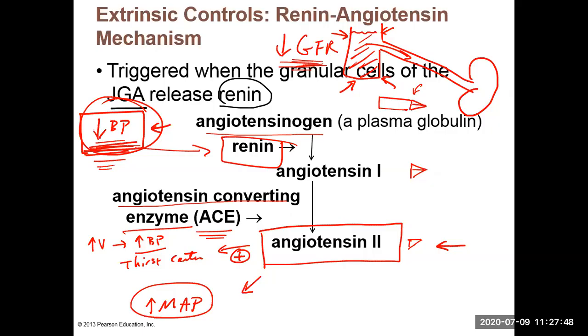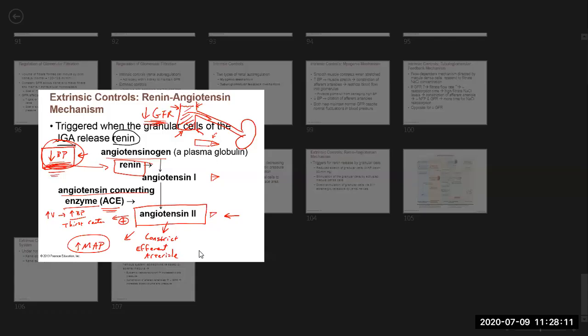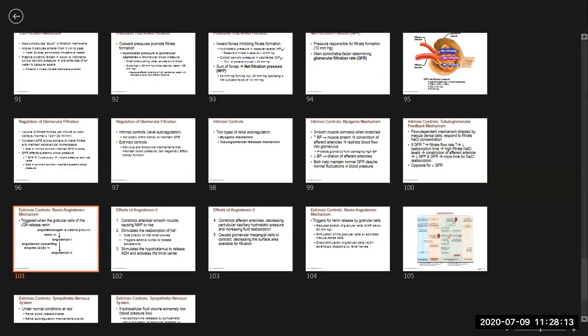All right, what now? Angiotensin 2 is also a vasoconstrictor, so it's going to constrict the efferent arteriole. Where is the efferent arteriole? Let's go ahead and take a look at that.